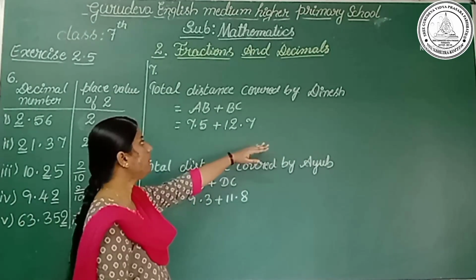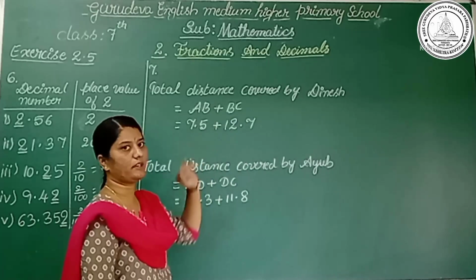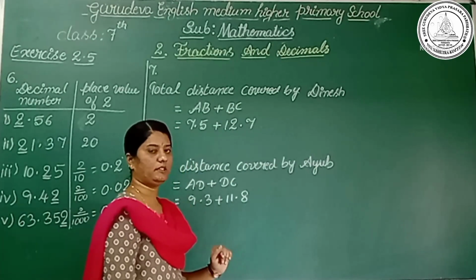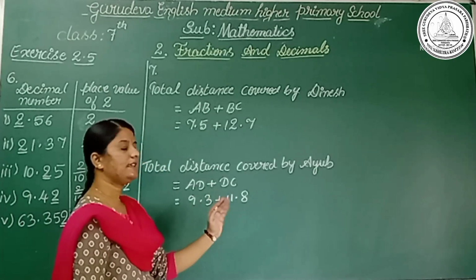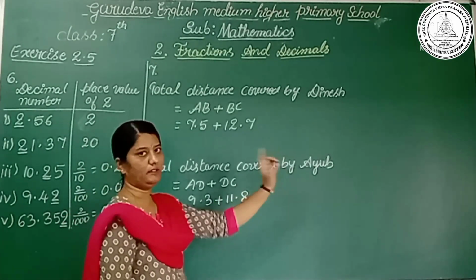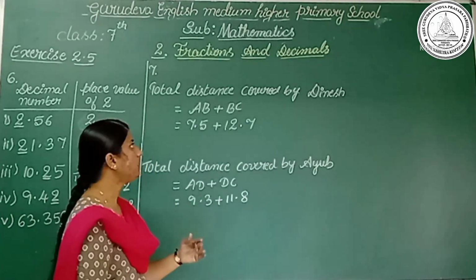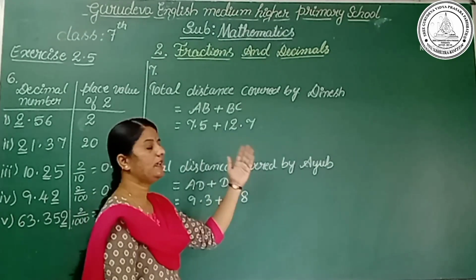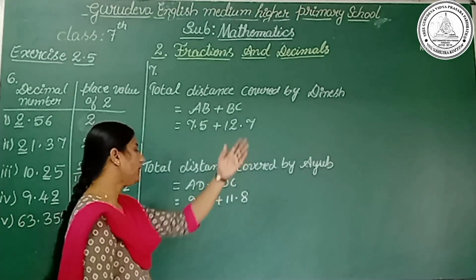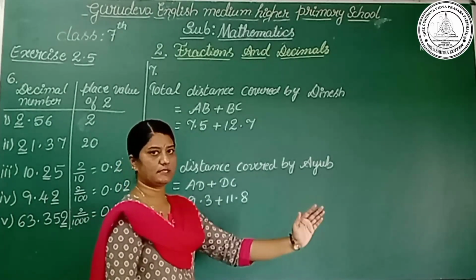The distance between A and B is 7.5 km, B to C is 12.7 km, C to D is 11.8 km and D to A is 9.3 km. So here Dinesh went from A to B and B to C. Okay, and Ayub went from A to D and D to C. Right?